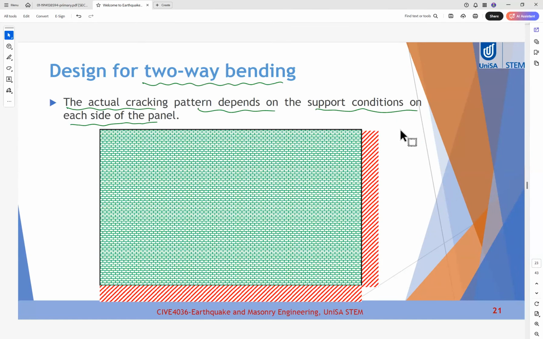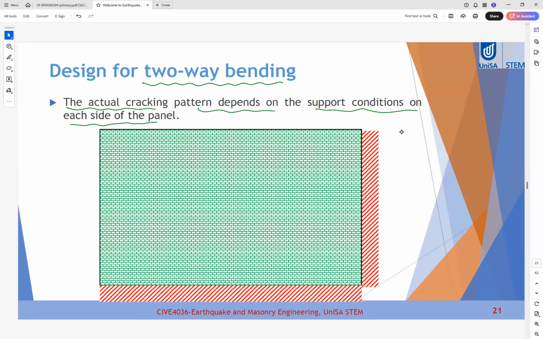So if we return to our third type of behavior, the two-way bending, the actual crack pattern depends on the support condition on each side of the panel. Two-way bending of the wall is similar to two-way bending of slabs. If you have studied concrete slabs, it is the same idea.